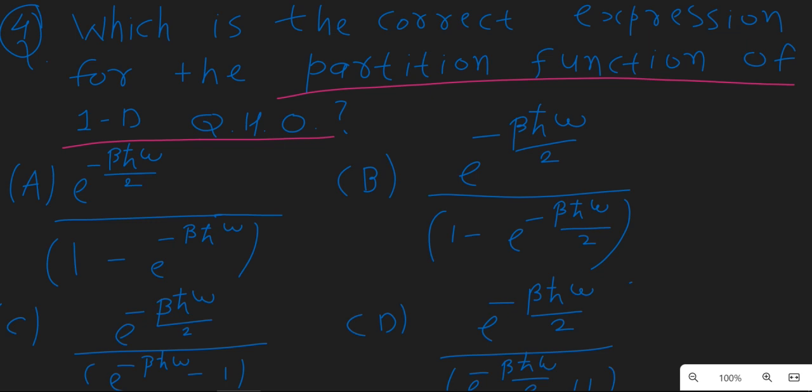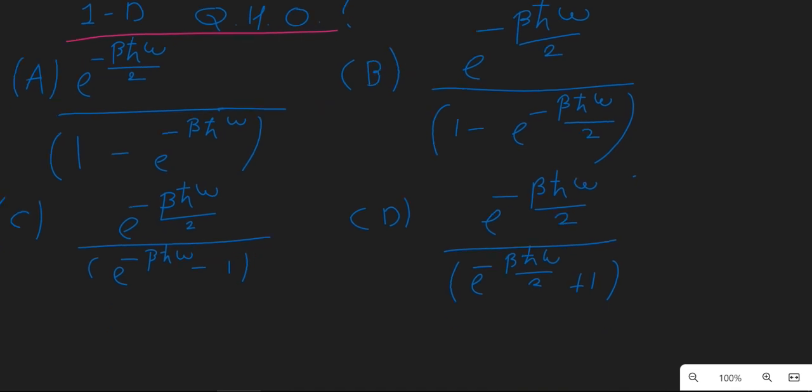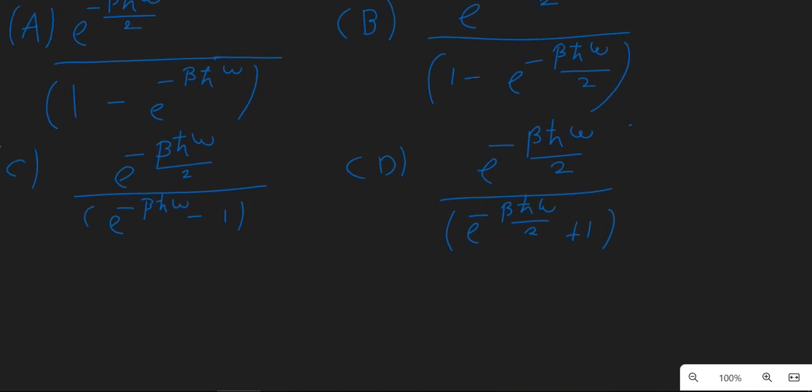This question has been asked several times in GATE and CSIR NET also. The direct concept is used. If you follow my previous videos, then you know how to find the partition function. So the partition function can be found like this.